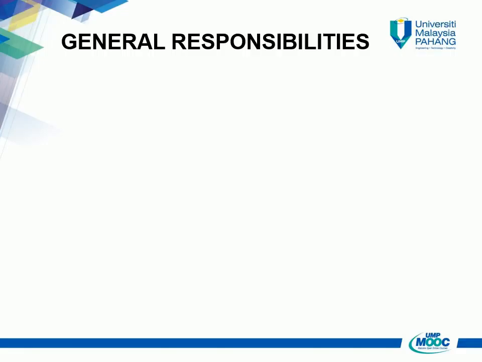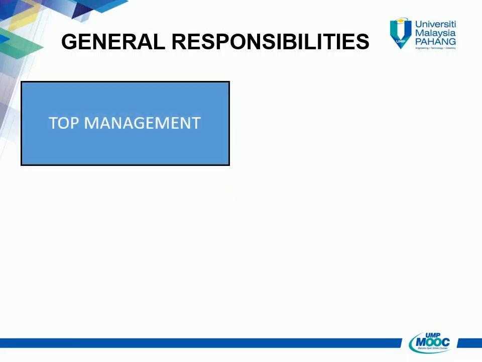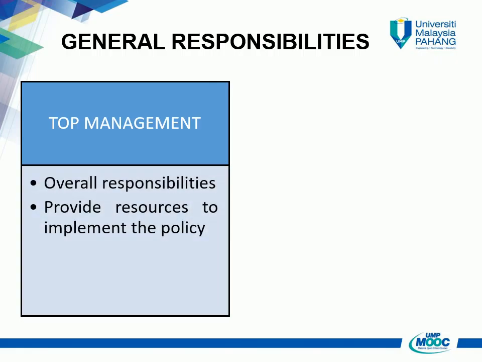Every action plan created must come with either general responsibilities or specific responsibilities. General responsibilities for top management include: have overall responsibilities for the organization and provide resources to implement the policy.